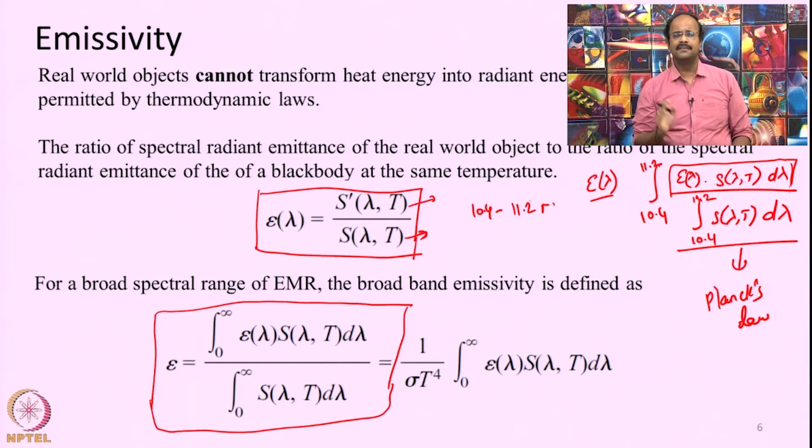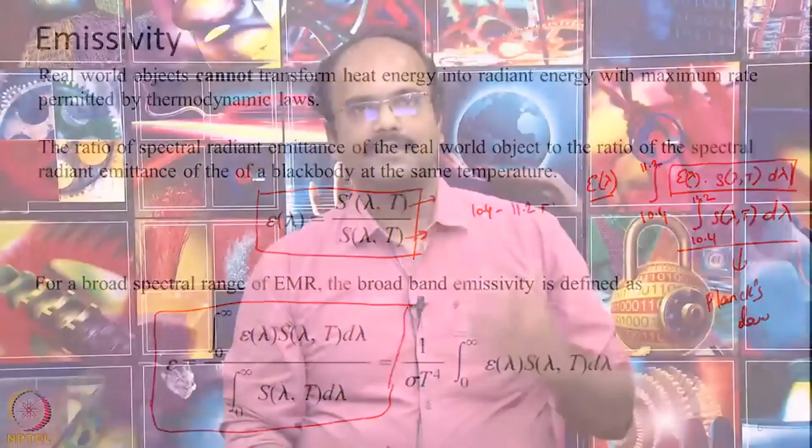In general, most of the earth surface features are non-black bodies; they are not able to emit radiation with maximum efficiency, that is, emissivity equal to 1, and they cannot satisfy Planck's law. The radiation from common objects will always be less than 1, and actually, under earth surface conditions, strictly speaking, no object is a black body, even what people use in satellite calibration systems etc.